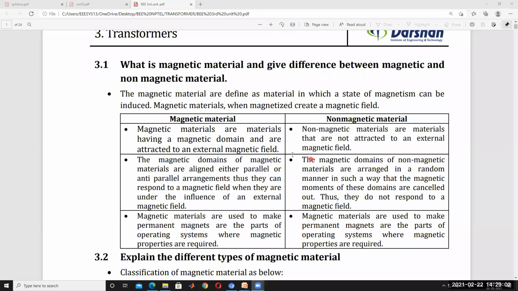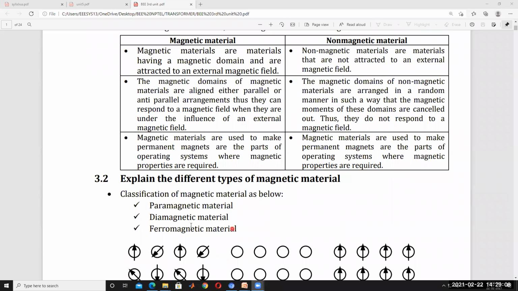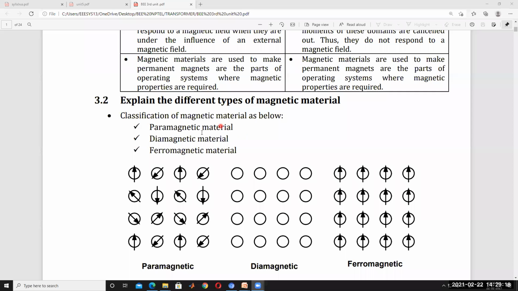There are different types of magnetic materials: paramagnetic, diamagnetic and ferromagnetic materials. You know the difference between paramagnetic, diamagnetic and ferromagnetic materials.